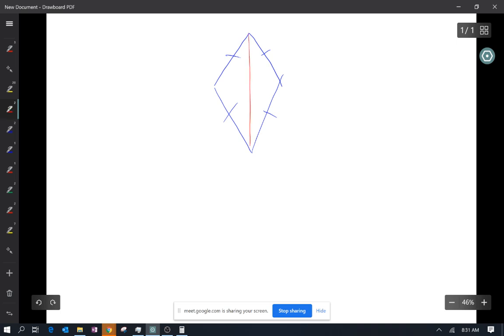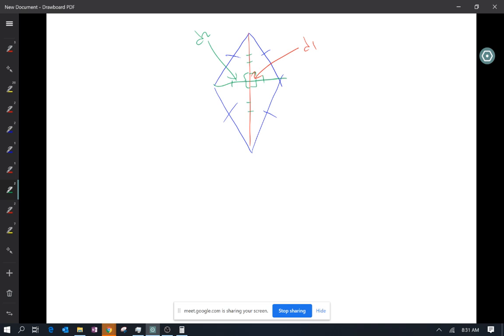So this is diagonal 1, and it doesn't matter which one's diagonal 1 and which one's diagonal 2. This green line is diagonal 2. If you play with the math for a while, you realize these bisect each other and make right angles here. This is equal to this. This is equal to this. So you get this shape every single time.